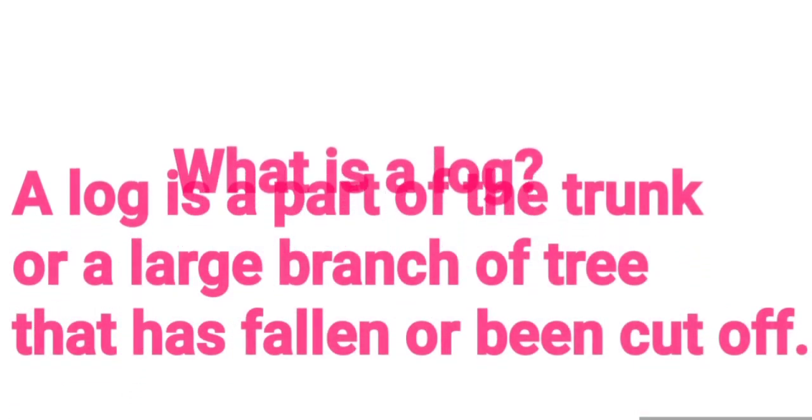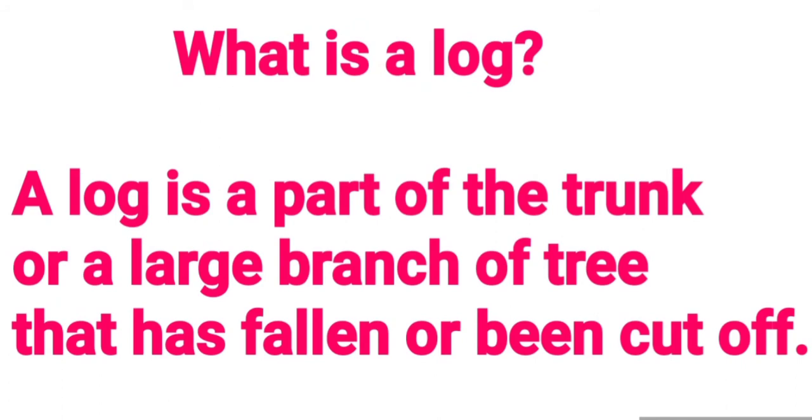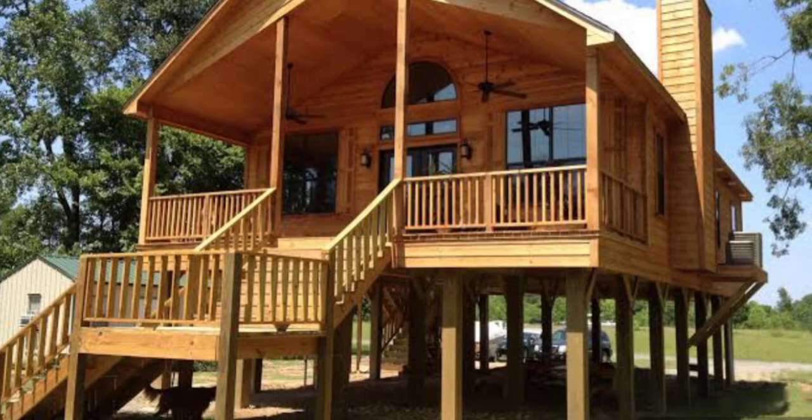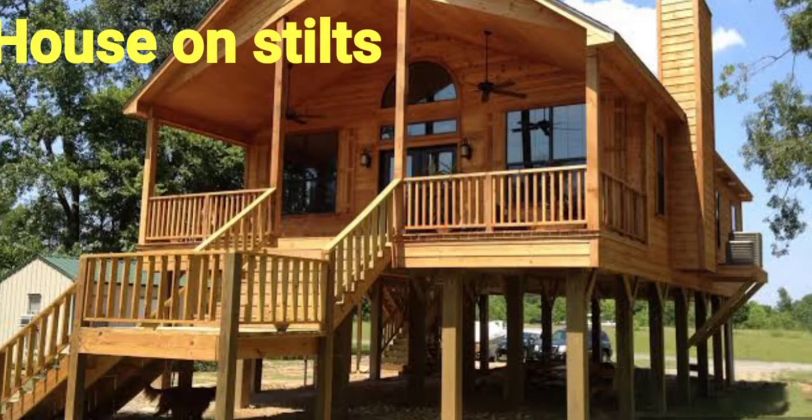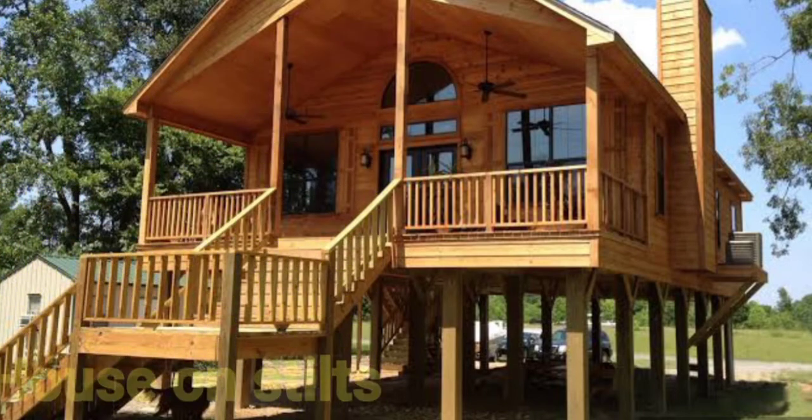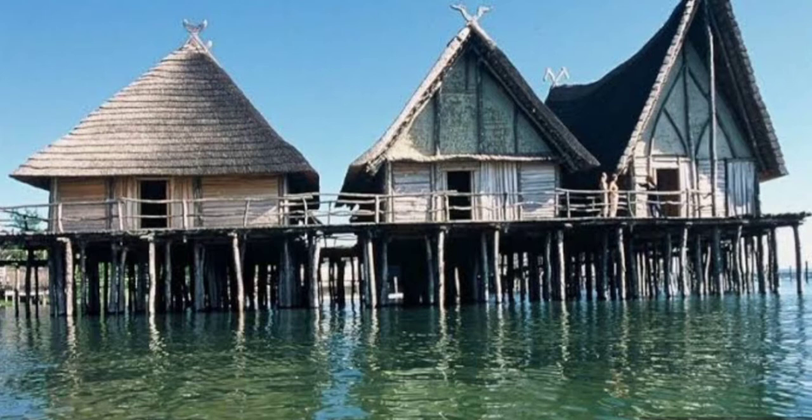What is a log? A log is a part of the trunk or a large branch of a tree that has fallen or been cut off. Another type of temporary house is house on stilts. The areas where heavy rainfall is a regular feature, houses are built on stilts.